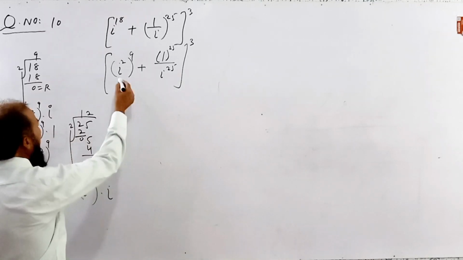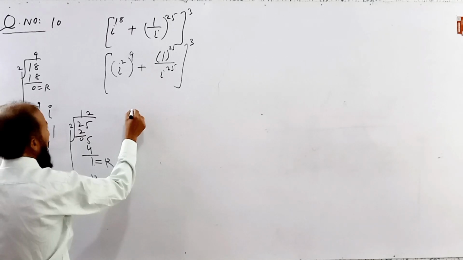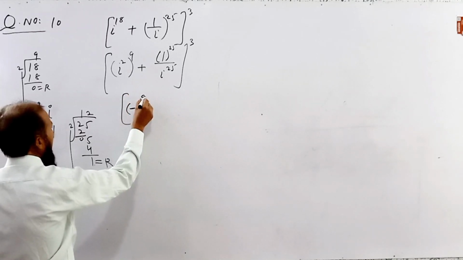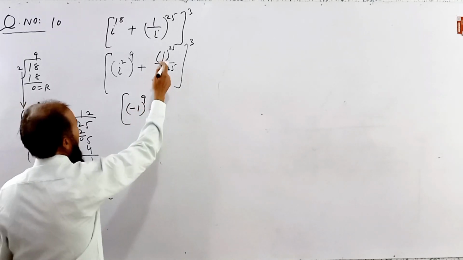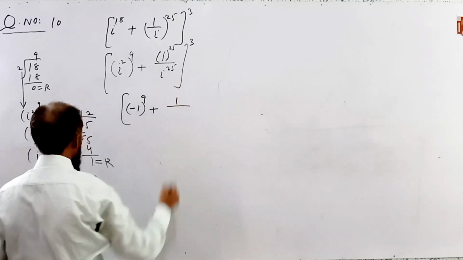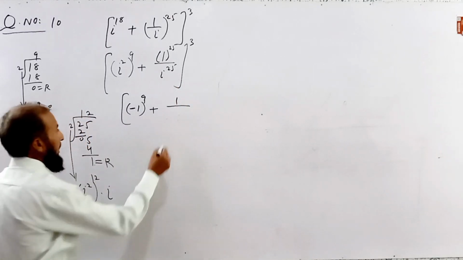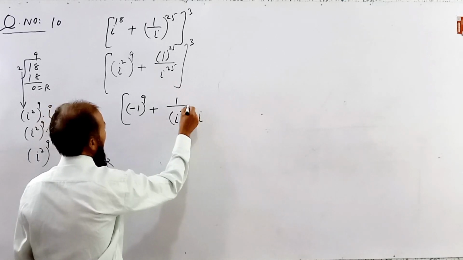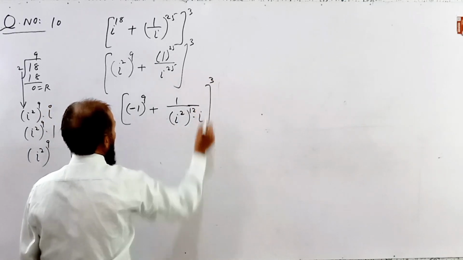So we can simplify: i square is minus 1, whole power 9, plus 1, and i to the power 25 we can write in the form of i square to the power 12 into i, whole exponent 3.